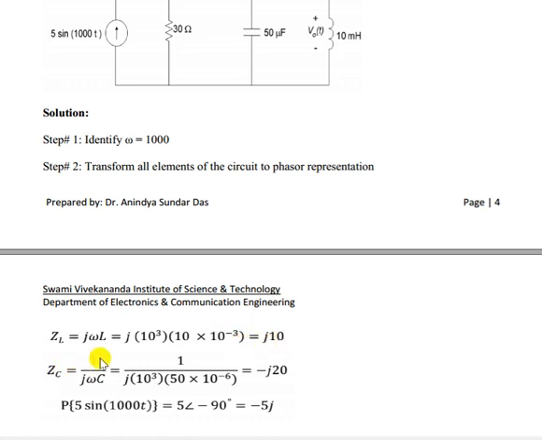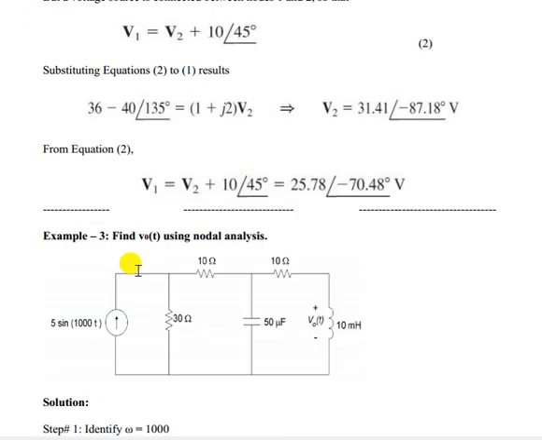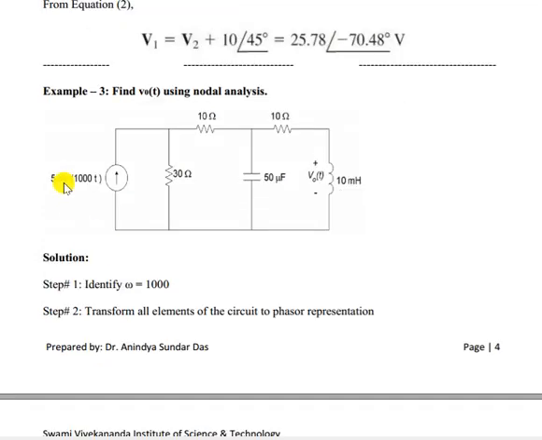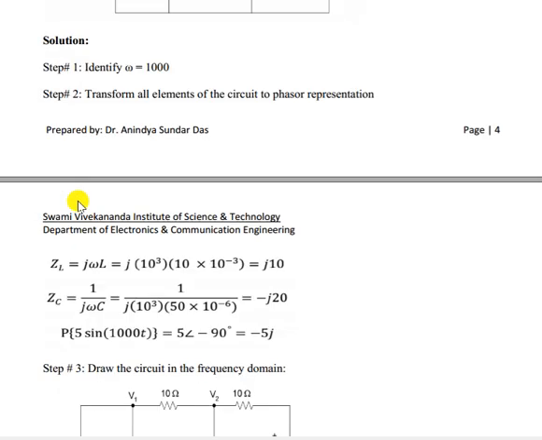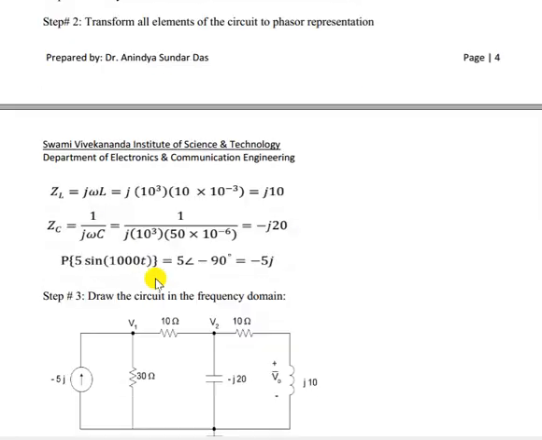And XC you can find out as 1 by j omega C, which is equal to minus j by omega C, and this capacitor value is 50 microfarad, so we get this value. For the cosine term we take angle 0, but this is given in sine term. So sine is nothing but cosine of 1000t minus pi by 2.